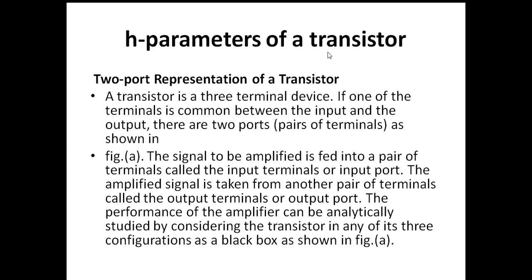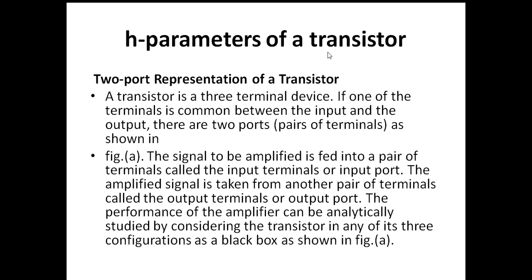The two-port representation of a transistor. A transistor is a three-terminal device. As we know, the three terminals are base, emitter, and collector. If one of the terminals is common between the input and output, there are two ports, pairs of terminals, as shown in the figure just now.